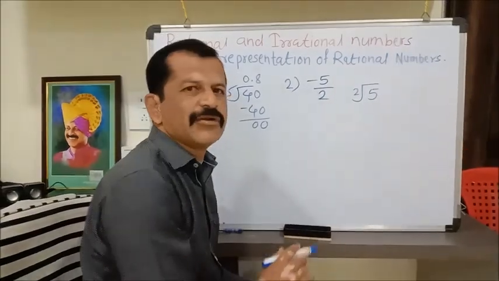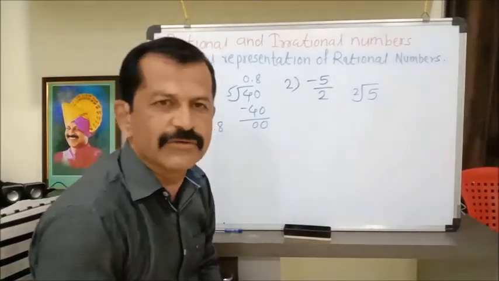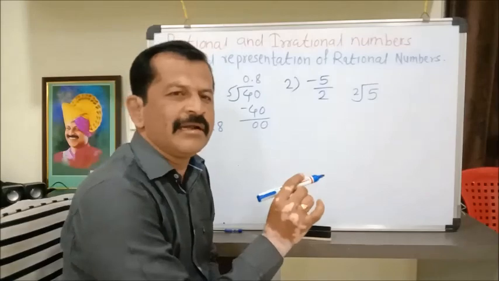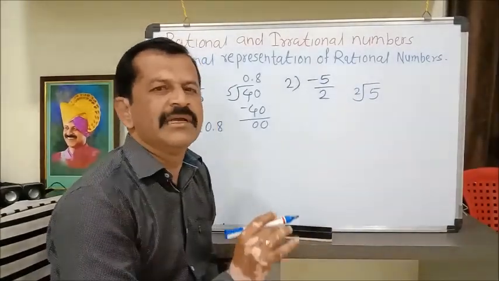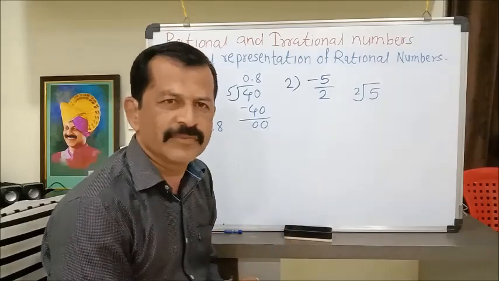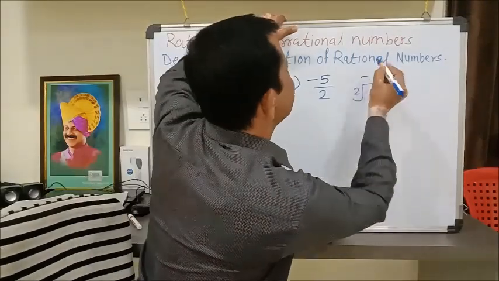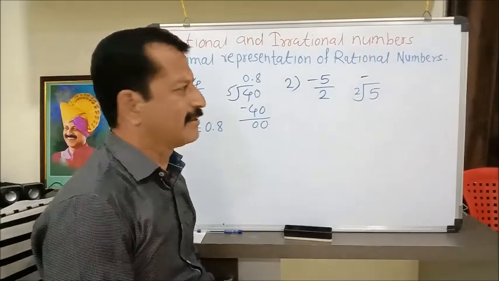The numerator is negative and the denominator is positive. That means a negative integer is divided by a positive integer, so the quotient will be negative. So we put the negative sign in the quotient.